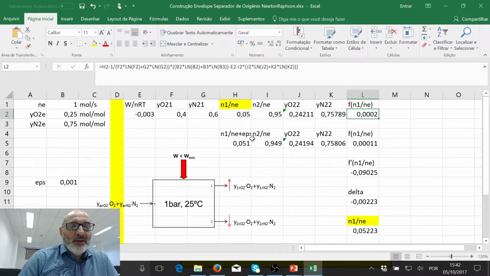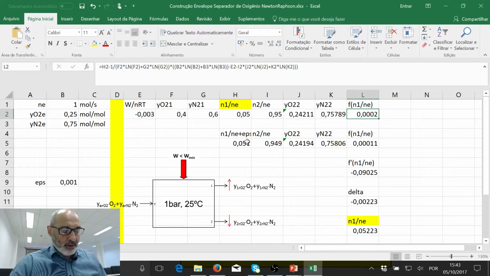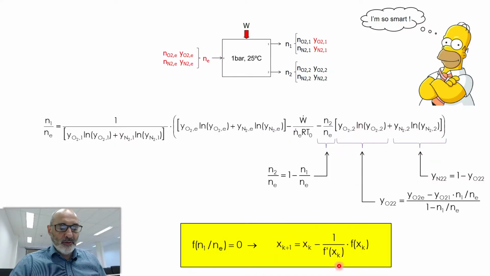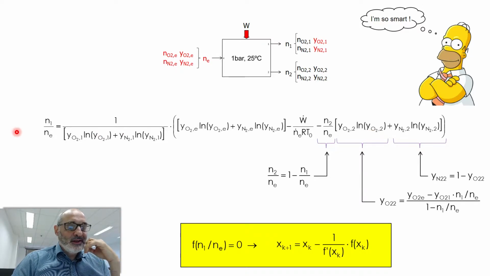Now, in order to implement Newton-Raphson, I need to calculate the derivative of f, which is this monster here, in terms of my variable n1 divided by ne. It's not very simple because, well, you have, this term is very simple.